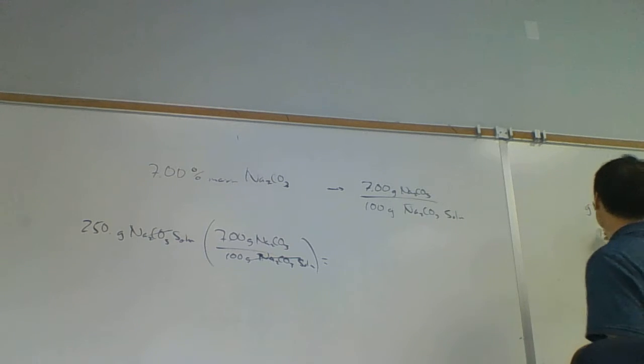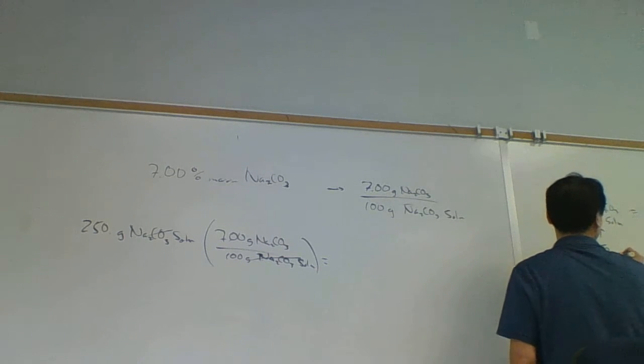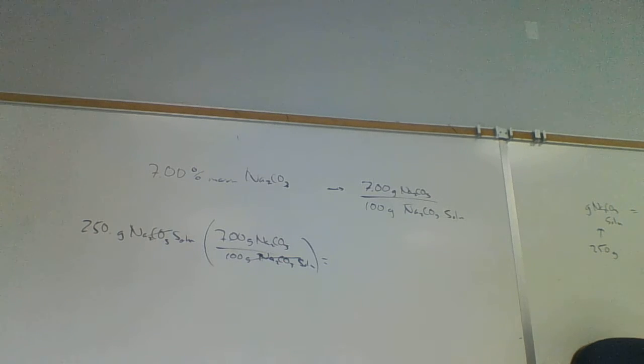Here, this is 250 grams. The grams of pure sodium carbonate is calculated as 17.5 grams. And so this is our unknown. These two have to add up to 250 because the mixture only has two components: sodium carbonate and water. You take pure sodium carbonate and pure water, and you make this homogeneous mixture, which we call a solution.